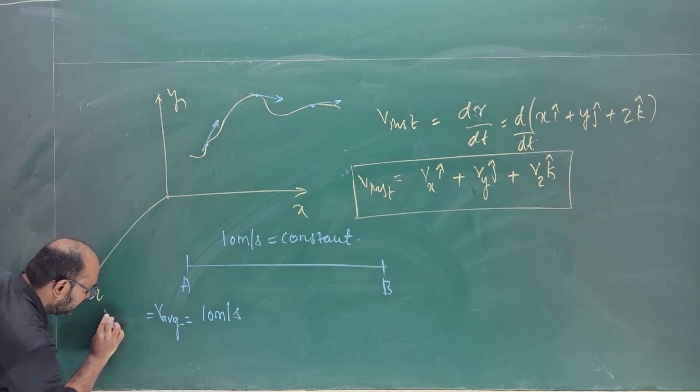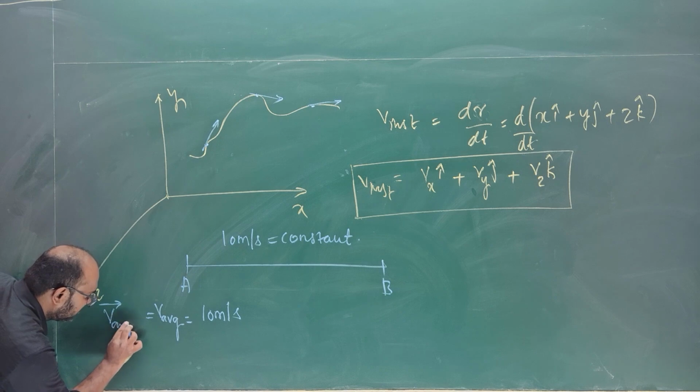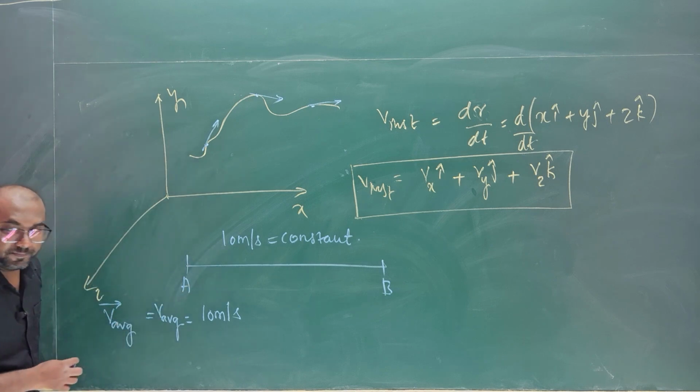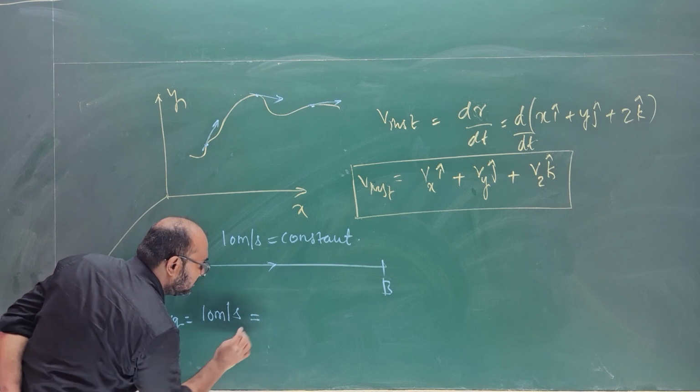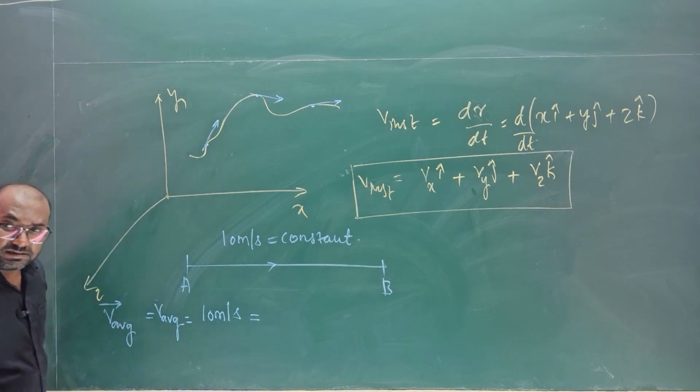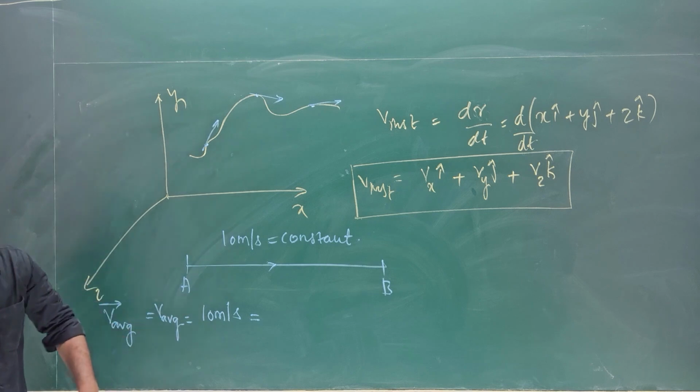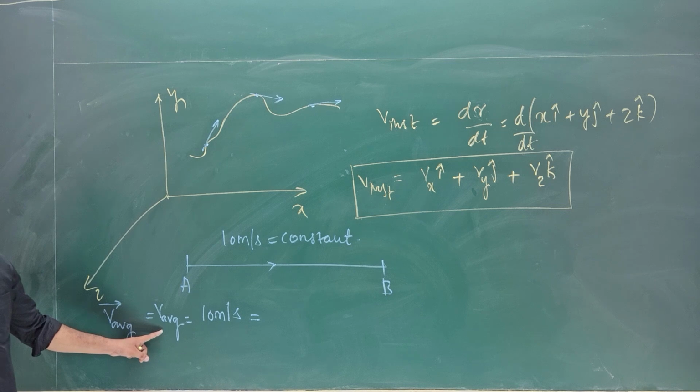Can I also say that this is nothing but the average velocity also? Why? Because the body is moving in a straight line now. Can I also say that at any instant of time, if the body is moving with constant velocity, the instantaneous velocity is also equal to the average velocity at any instant? Yes.